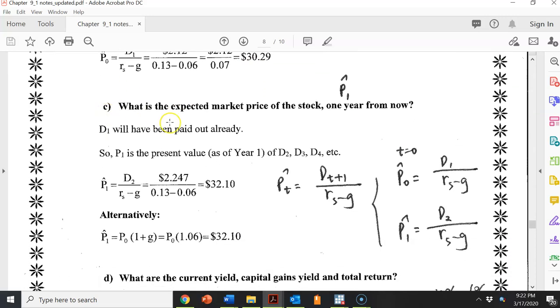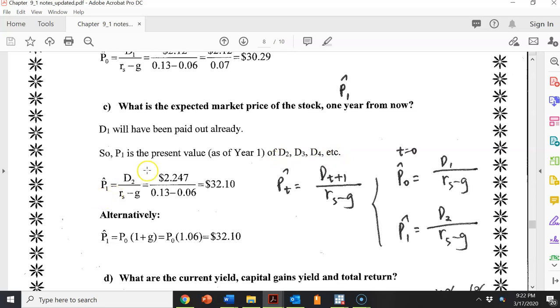Question C, what is the expected market price of the stock 1 year from now? So we want to know P1 hat. There are 2 ways to solve for it. D1 will have been already paid out if we're purchasing the stock at time 1. So P1 is the present value of D2, D3, D4, and so on.